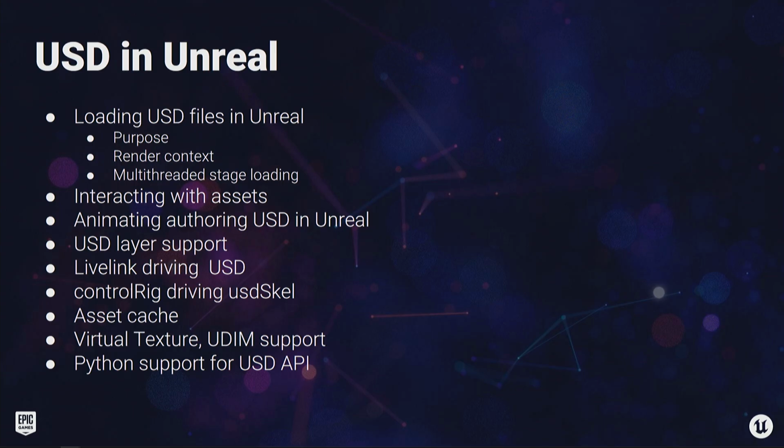Okay, so then there's USD in Unreal. Now we're talking about using USD kind of natively, where I'm going to load a USD file and interact with it in Unreal. Obviously we don't support everything, and as we progress with our development, we are adding more support. But at this point, you can load the USD file and deal with things like purpose and render context.